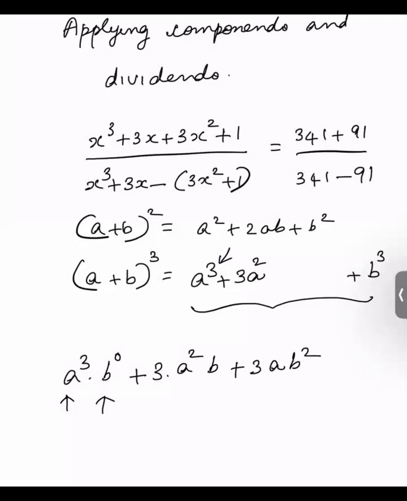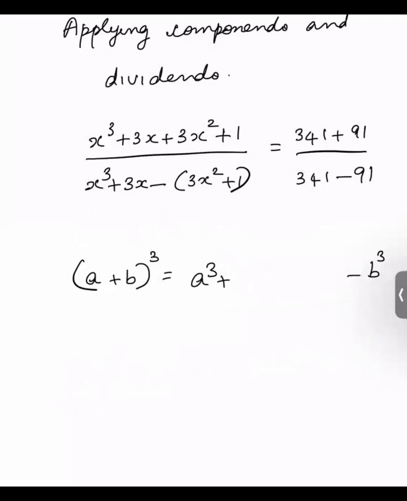Understood? Then the last term, the power of A will become 0. Only B will be there. What is the power of B? B cube. So expansion is going to be A cube plus 3A square B plus 3AB square plus B cube. This is the expansion for A plus B whole cube.